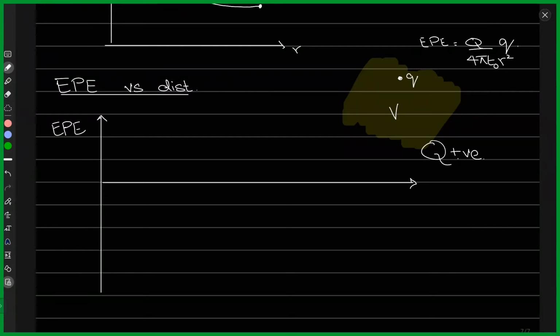Now, suppose that this small q, I'm going to take two different cases. One would be that this small q is a positive charge, and the other would be that this is a negative charge. For a positive charge, the positive charge is going to come closer in this electric field produced by capital Q, which is also positive.